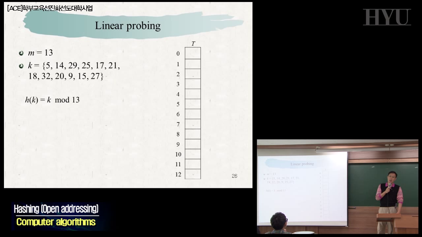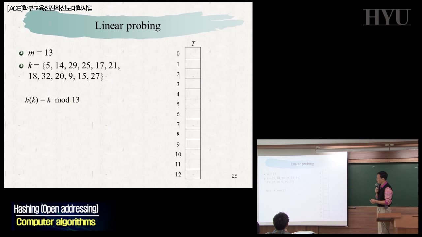There are 3 famous open addressing methods. And the simplest one is this, linear probing. Okay, I will explain linear probing by this example. We have a hash table with 13 slots.